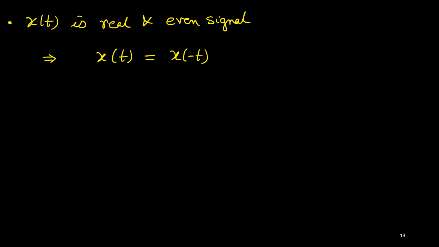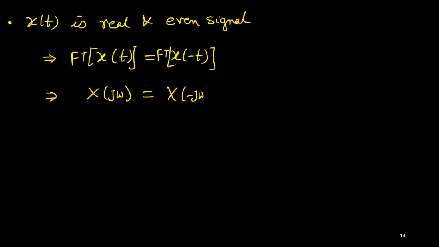If it is so, now you can take the Fourier transform of both sides. The Fourier transform of x of t is capital X of j omega, and for the Fourier transform of x of minus t, by the time reversal property, it is X of minus j omega.